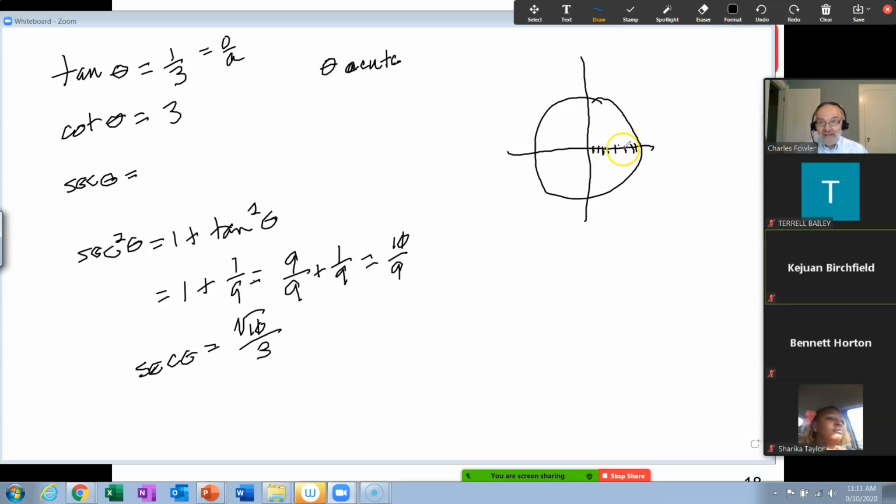And the tangent is 1. That's the opposite side is 1, so that's this one, and 3 would be the adjacent side. Something's not panning out too well here.